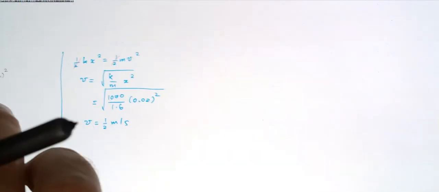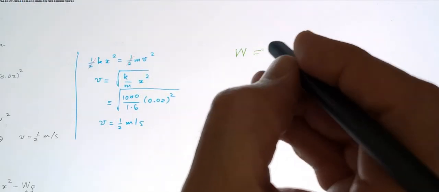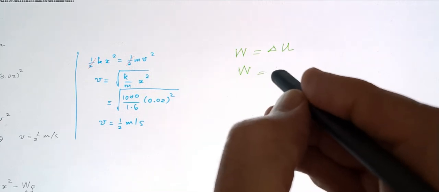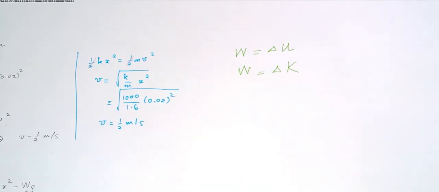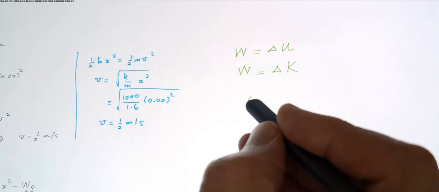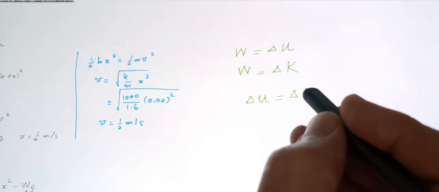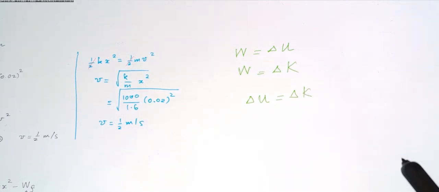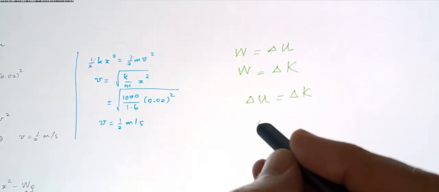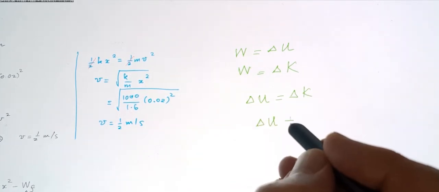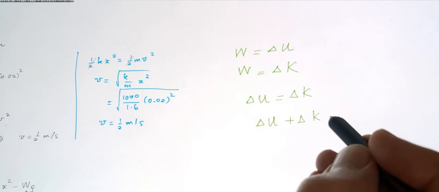I said work is equal change in potential energy, but also work is change in kinetic energy. So that means change in potential energy is equal change in kinetic energy. Well, that means change in potential energy plus change in kinetic energy must equal 0.